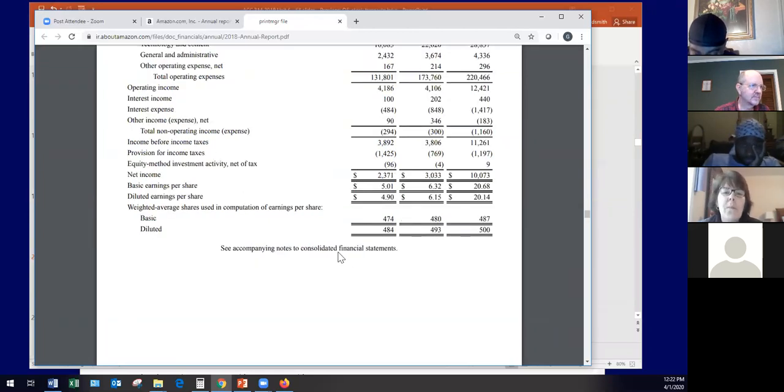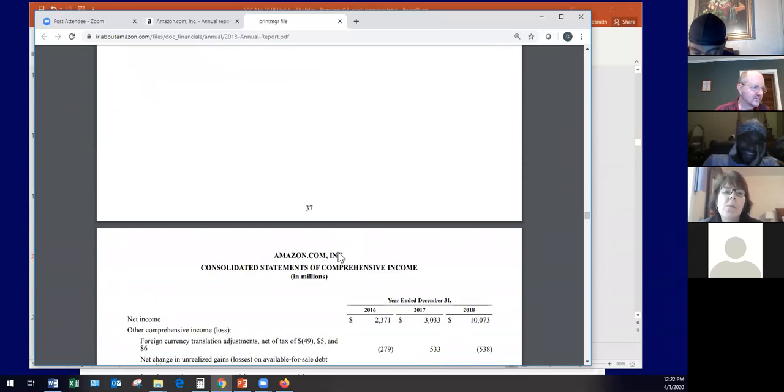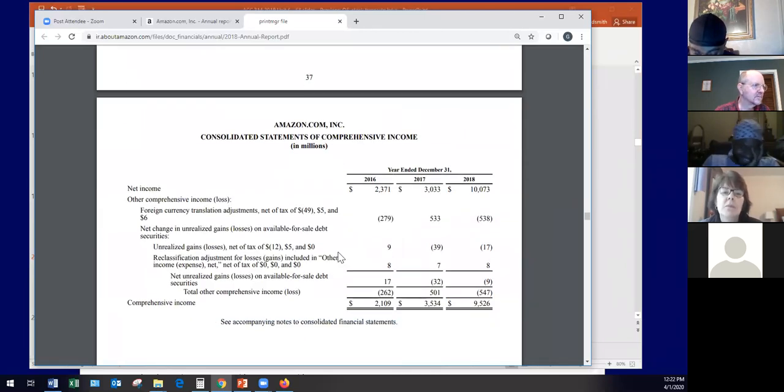So the statement of comprehensive income begins with the $10 billion of net income, and then they have these unrealized gains and losses.